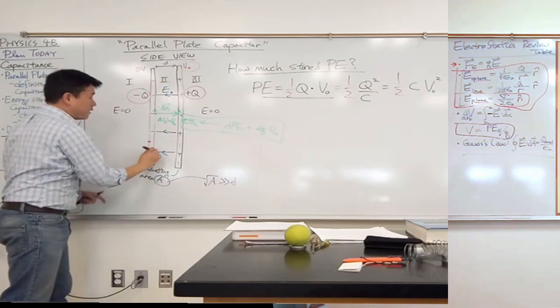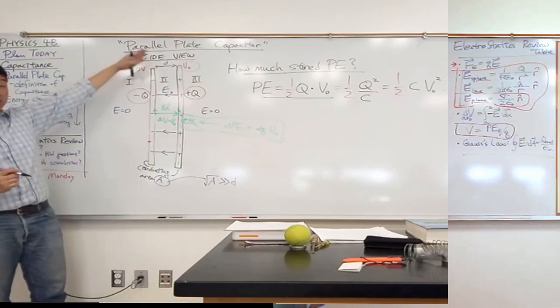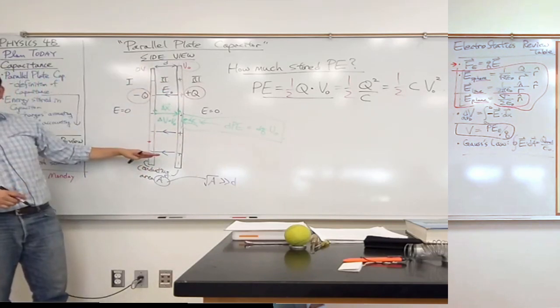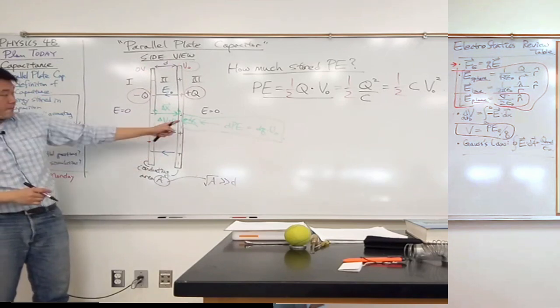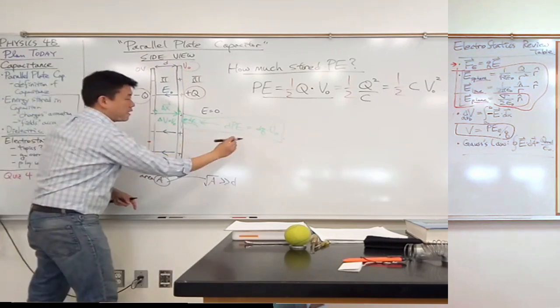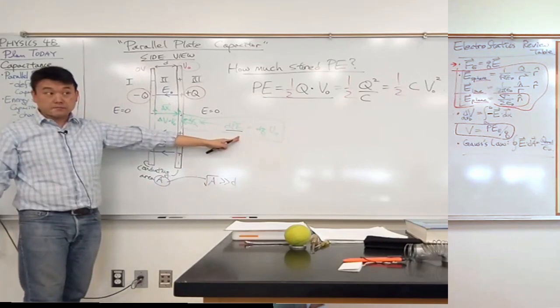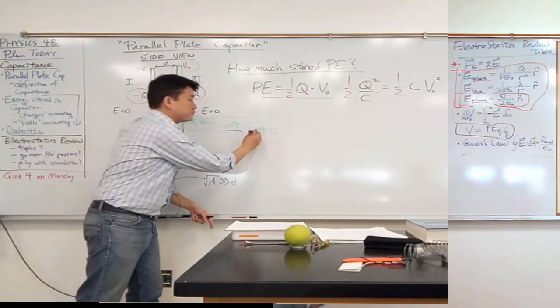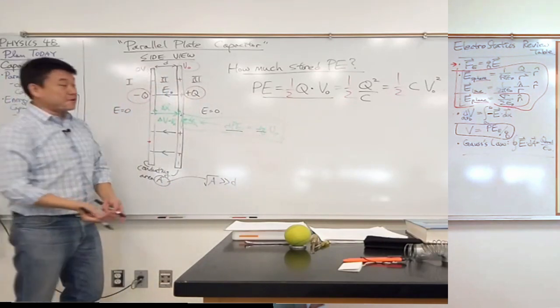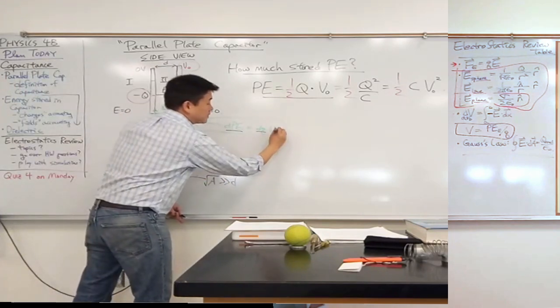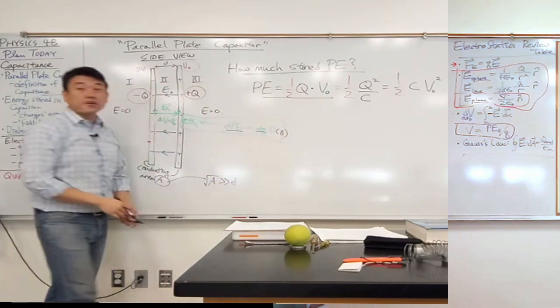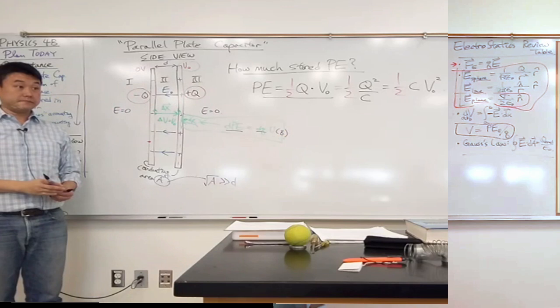I only reach that value of V0 when it's fully charged. So what you have to remember here is that the small amount of energy you have to pay is associated with the small amount of charge you place, and that voltage is a function of the amount of charge that's already on the plate.